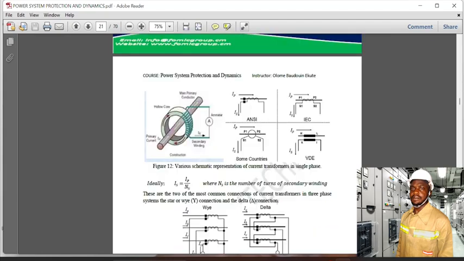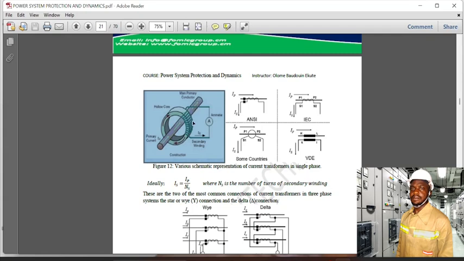Okay, here's what I was trying to explain. Here's the hollow core, which the current carrying conductor passes through. So we consider the conductor carrying the current, which is I primary, or the primary current.